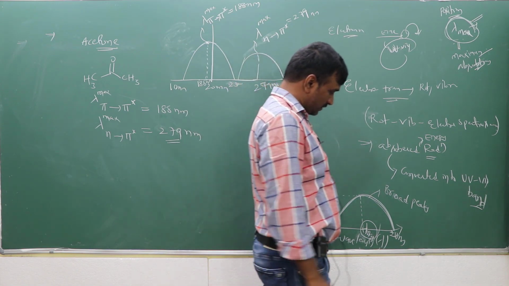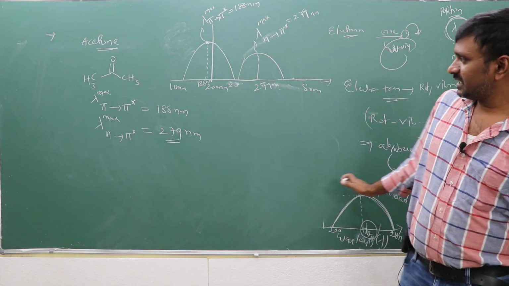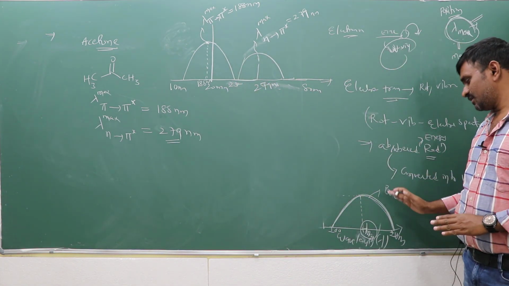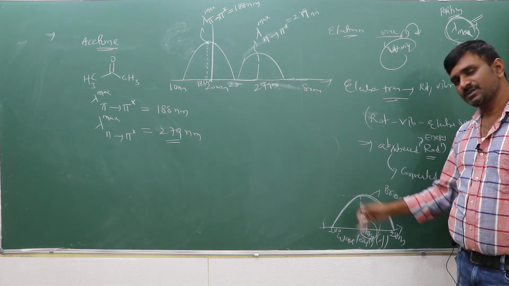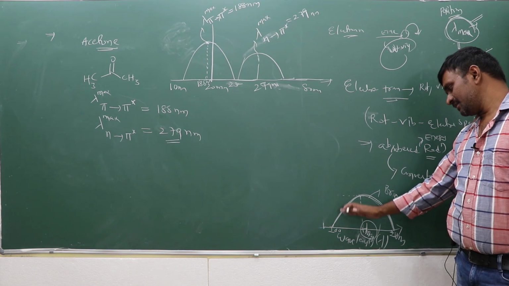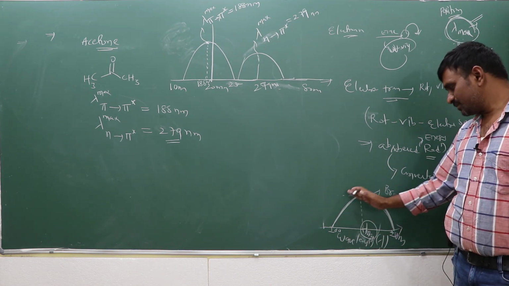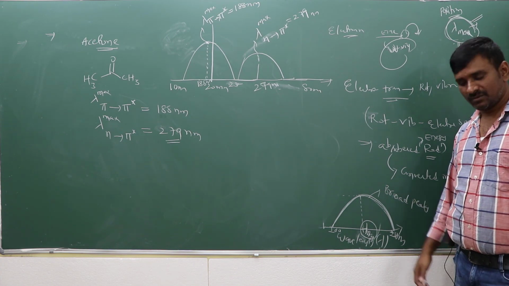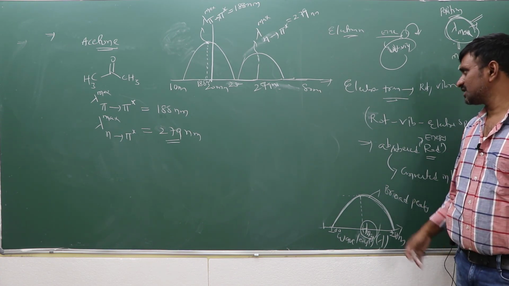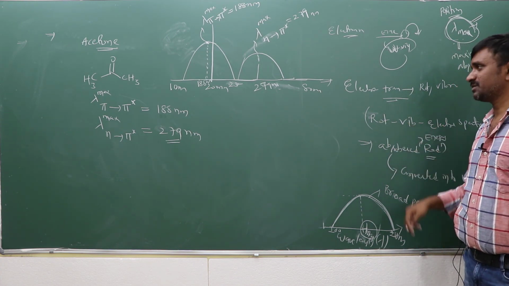What we are discussing here is the spectrum: what is on the x-axis and what is on the y-axis. Instead of sharp signals, bands are observed because of the merging of rotational, vibrational as well as electronic levels. That is why it is rotational, vibrational, electronic spectroscopy.